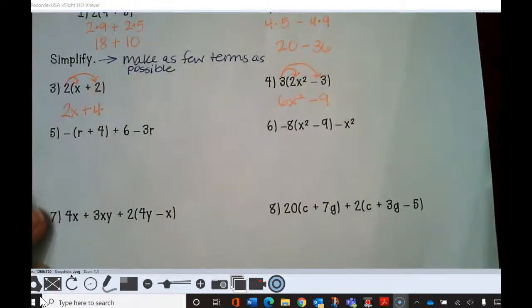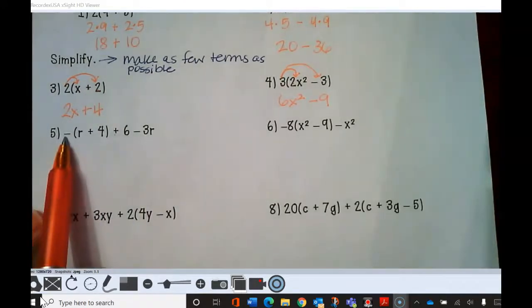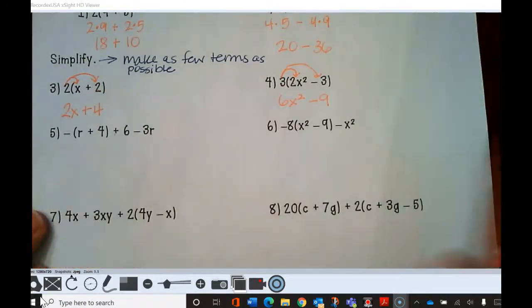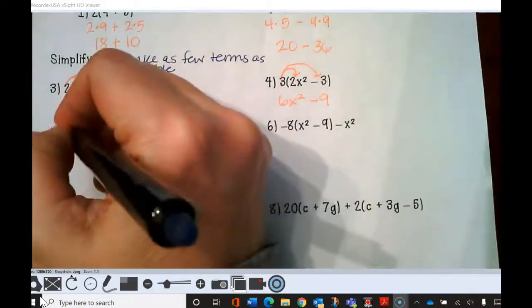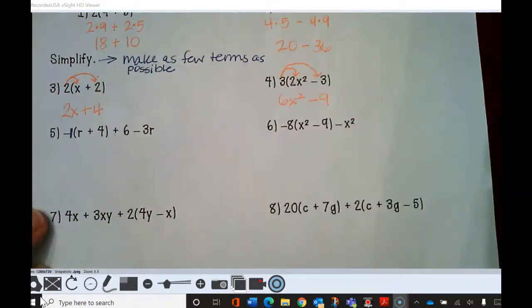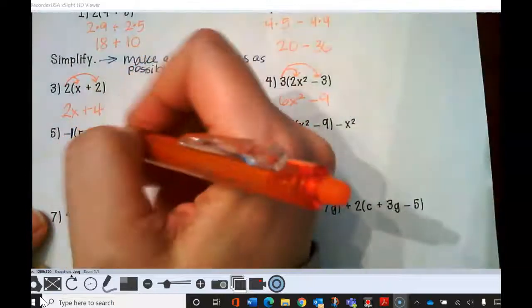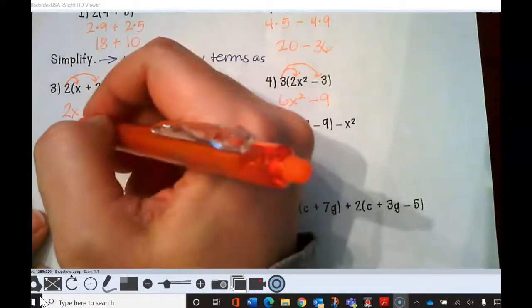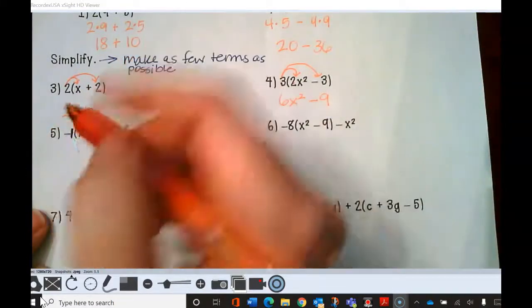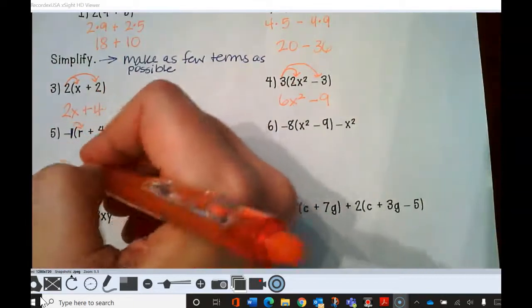Alrighty, here is a tricky one. There's a negative sign in front of the parentheses. So that is basically telling you that there is an imaginary 1 right there, and you're distributing that negative to everything on the inside of your parentheses because you can't add r's and 4's. So when you do a negative 1 times r, that gives you a negative 1r.